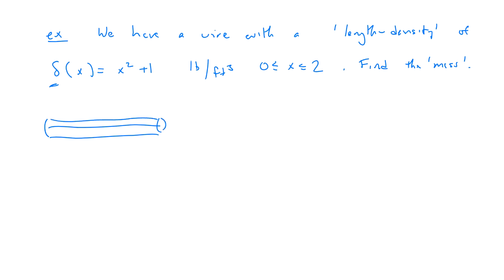And if you think about it, it doesn't make sense to have mass for a one-dimensional object. So what we're doing is we are pretending that the cross-section at a cut has an area of 1.